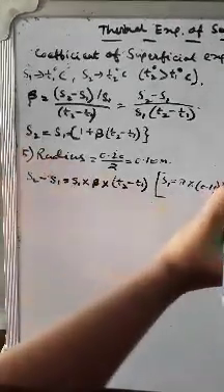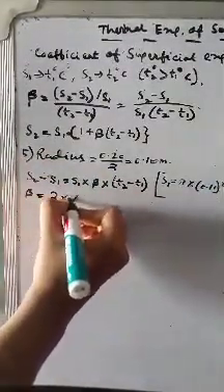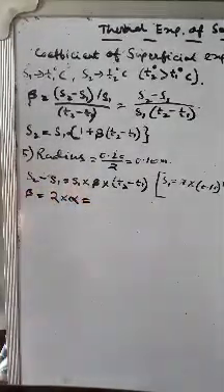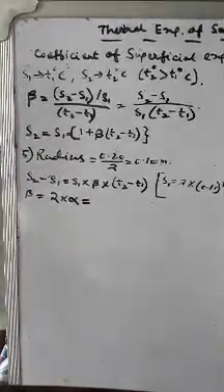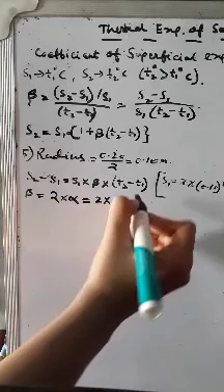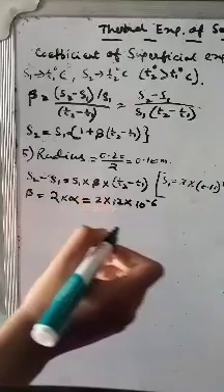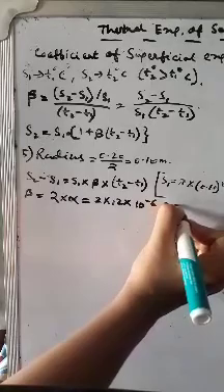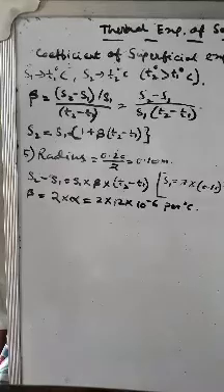So beta equals 2 into alpha, and alpha's value is given. You just see the relation of alpha and beta, we are using that only. So 2 into the value of alpha, 12 into 10 to the power minus 6 per degree C. And what is the value of T2 minus T1?